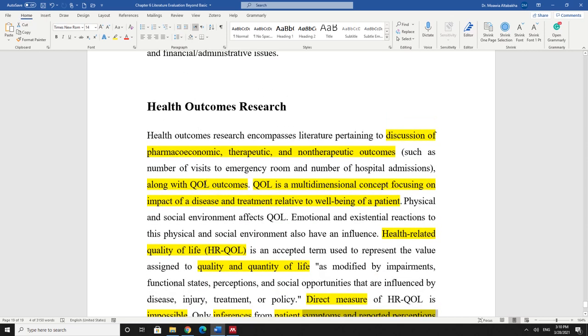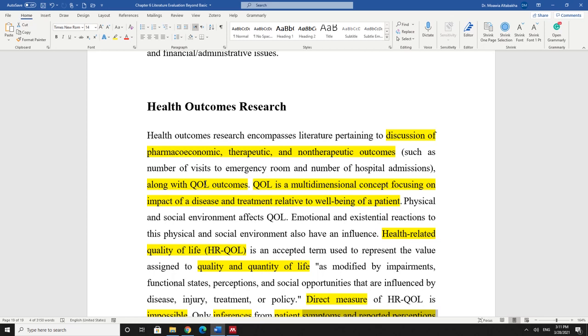Health outcomes research is research that can be related to pharmacoeconomic, therapeutic or non-therapeutic outcomes, when they study such things in relation to quality of life outcomes. Quality of life outcomes here relate to the well-being of patients, how patients react and express themselves emotionally in relation to the physical and social environment.